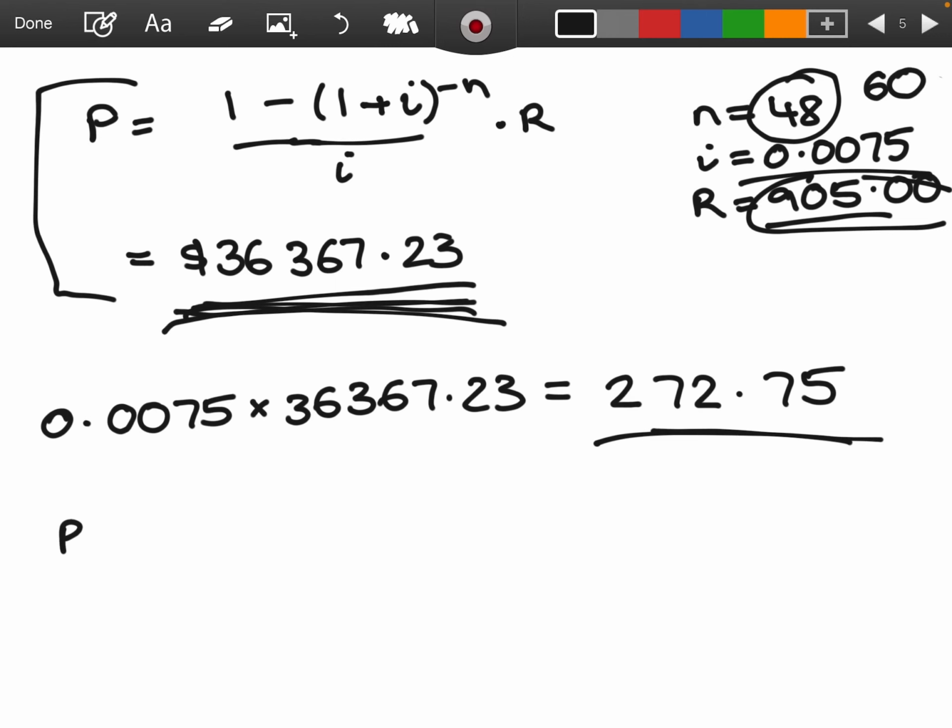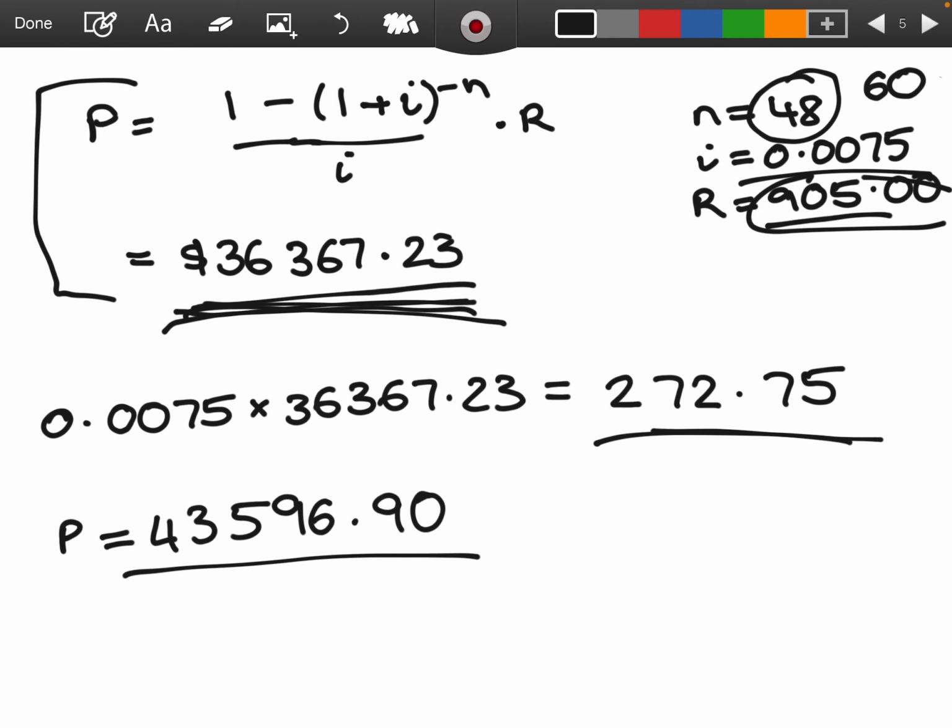If you do that, P comes out to $43,596.90 if you put in N is 60. So that is what the principal balance is, how much you've got left of the loan to pay off with 5 years remaining. So at the end of 2021, that is how much you've got left to pay off.